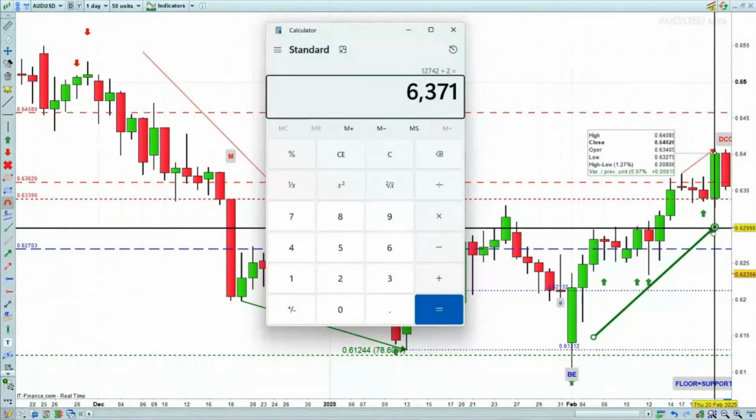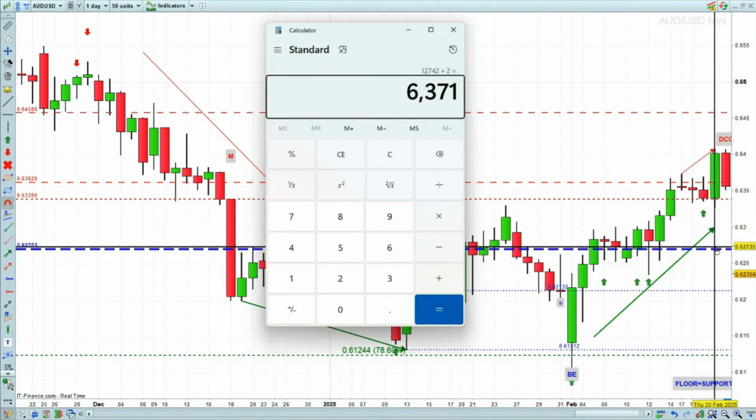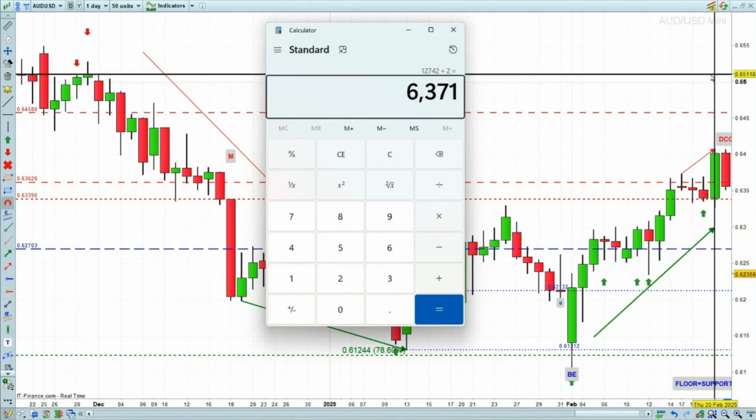So the midpoint is 6371. Open plus close divided by 2, on the green candle only, because we need to know the midpoint.